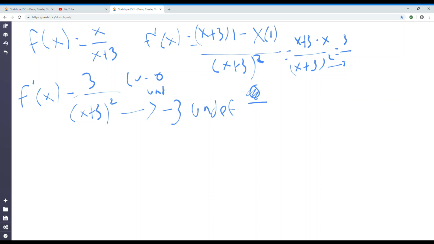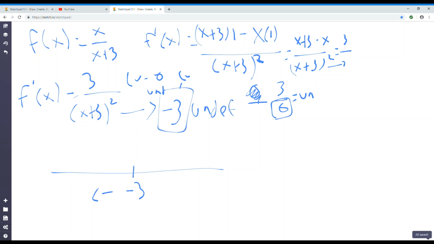Any number, if you have a 0 in the denominator, it's always undefined. -3 makes this function undefined. Therefore, -3 is our critical value. So let's set up that graph, -3, and we'll pick a value below it and a value above it, -4 and 0.